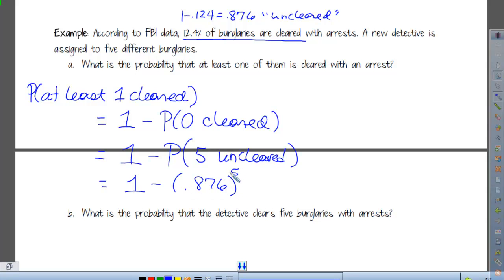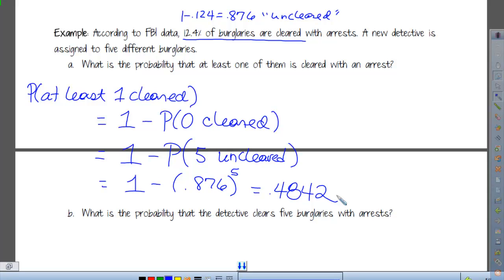The final answer is, I got 0.4842. Okay, so roughly the probability that at least one of them is cleared with an arrest is 0.4842. Okay.